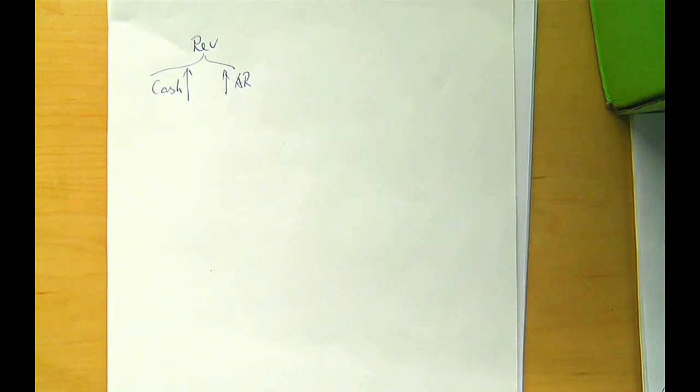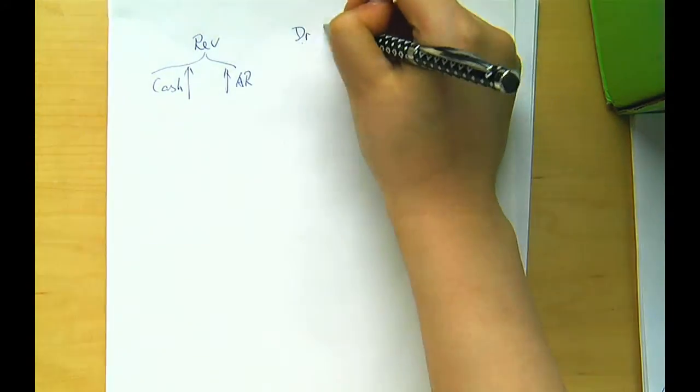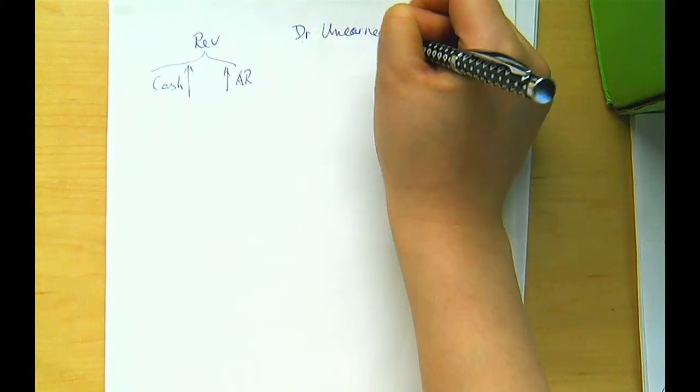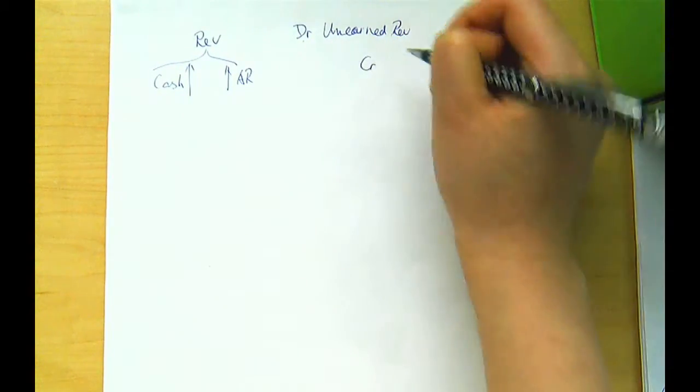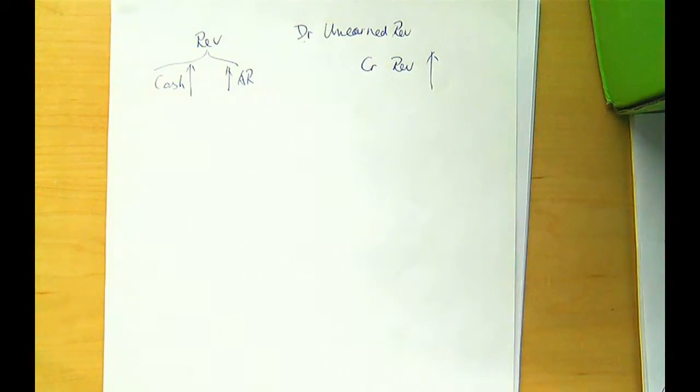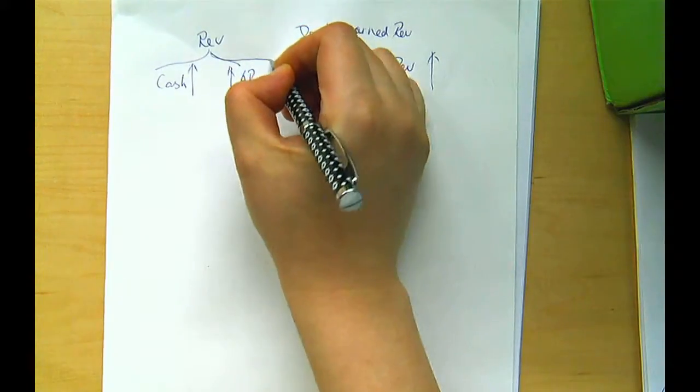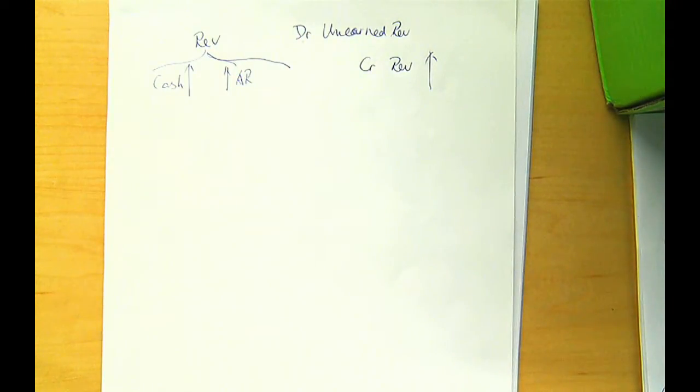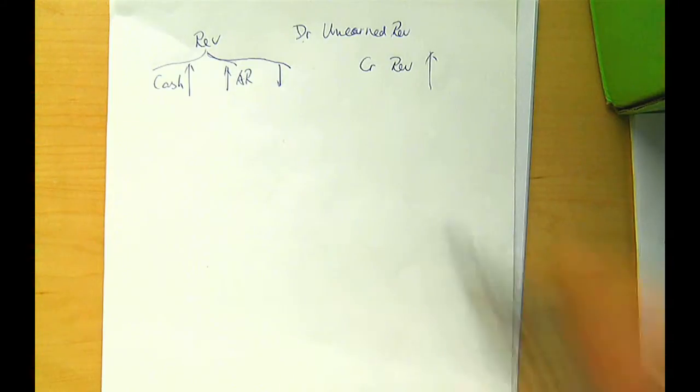Now, when unearned revenue is involved, how do you record the increase in revenue? You debit unearned revenue and credit revenue. That is how you increase your revenue, right? So in this case, because we have unearned revenue involved, the other way to increase revenue is a decrease in unearned revenue. Is that clear?